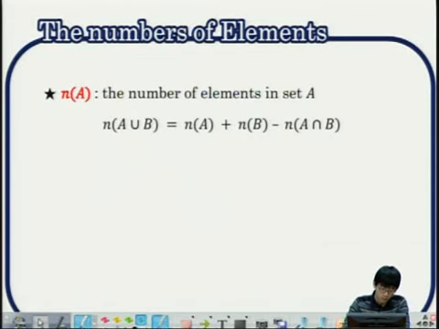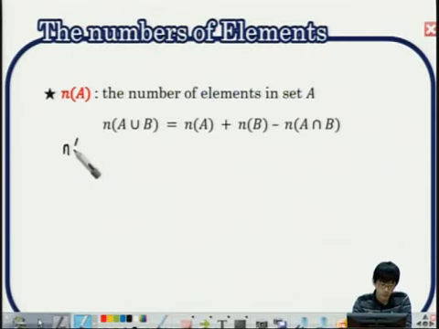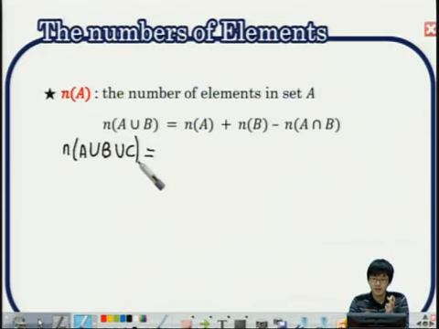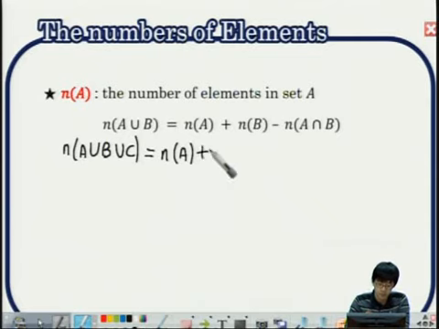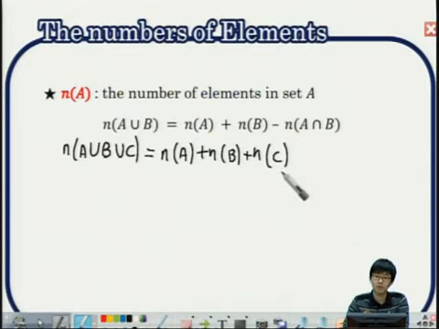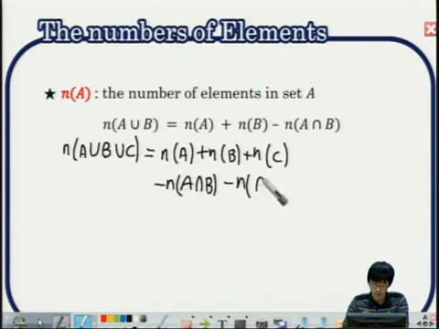And there is one more application, which is A, B, C. If there are 3 sets, then it is more difficult. We do this sum first, and we have to get rid of the intersections one time because we added them twice.